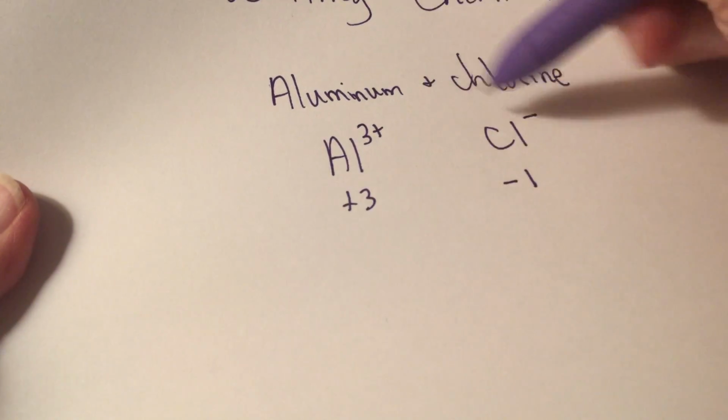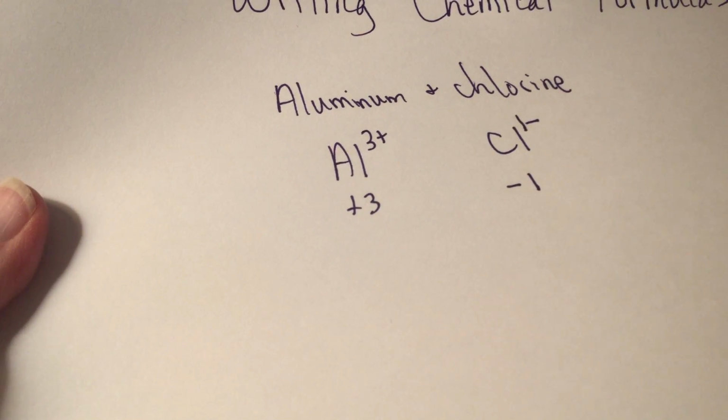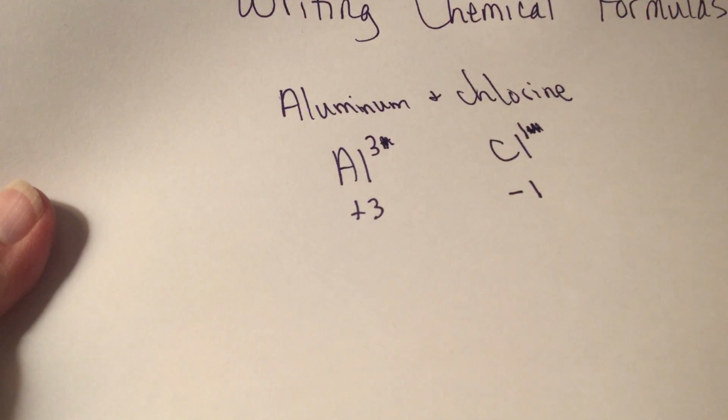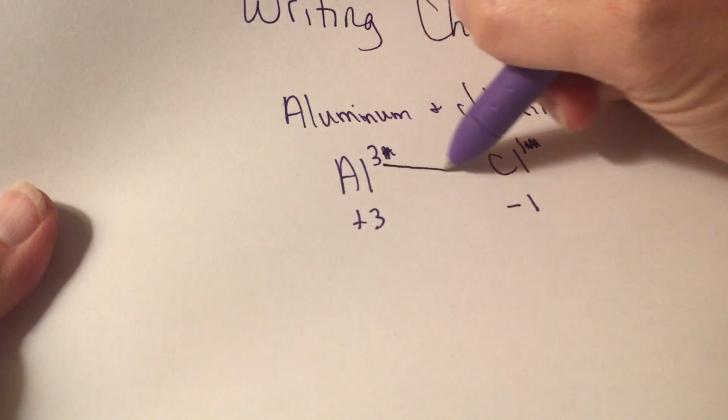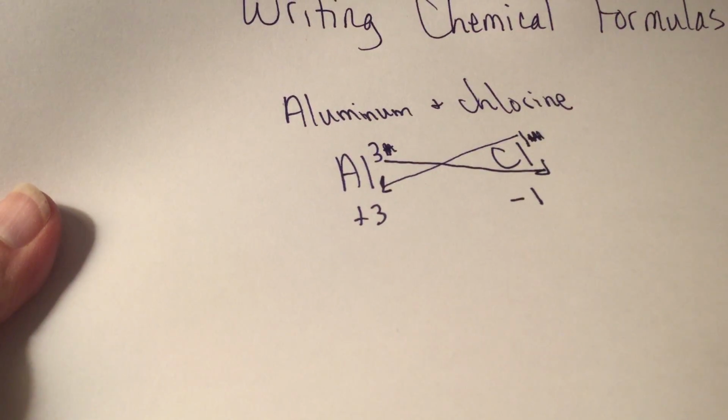So I'm just going to write a 1 here, because if there's no number, that means 1. I'm going to cross out the charge, cross out the sign, and I'm going to take this number 3 and draw an arrow, and take this number 1 and draw an arrow. Now I'm going to move the number where I drew the arrow.